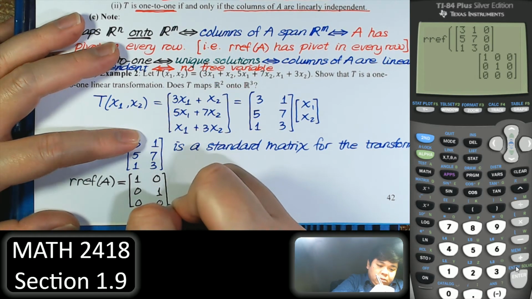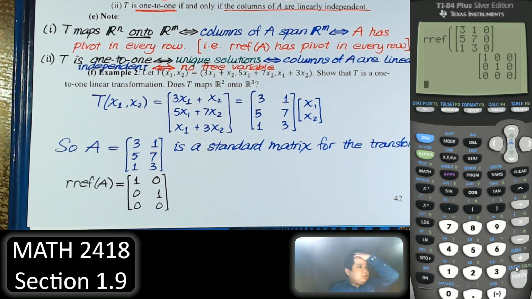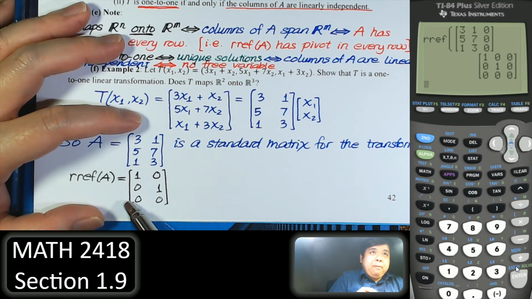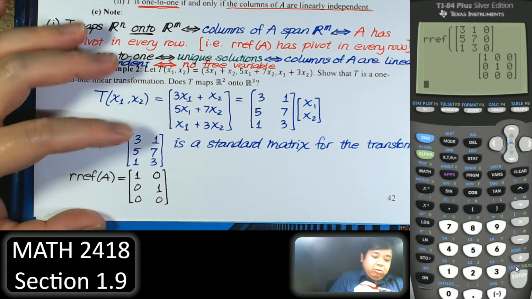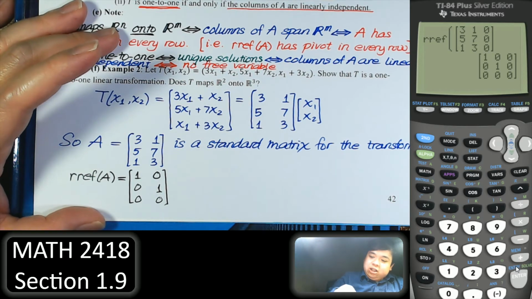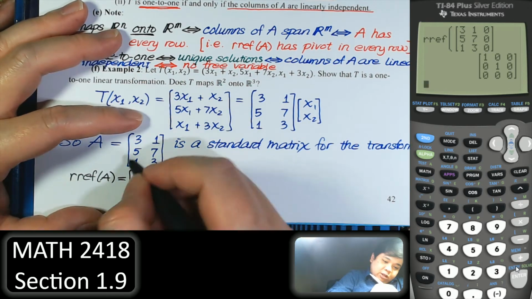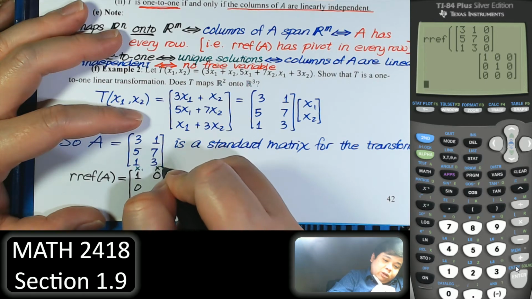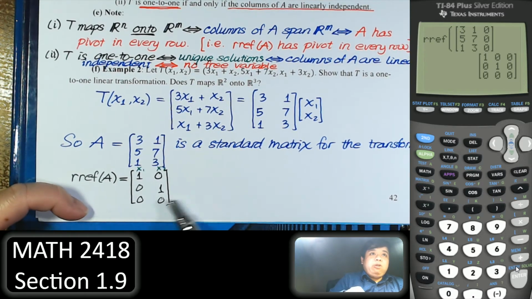So what do we have here? The reduced row echelon form is this. By the way, what do we have for the reduced row echelon form? First, the x1 and x2, right? Corresponding to x1 and x2, we see here there's no free variable.